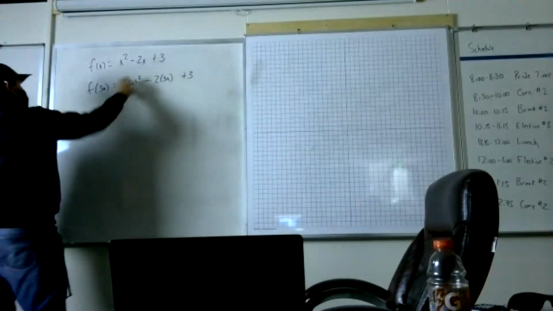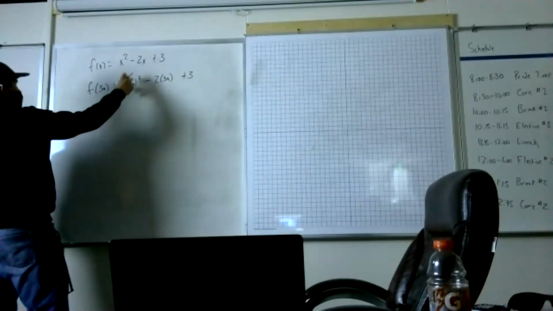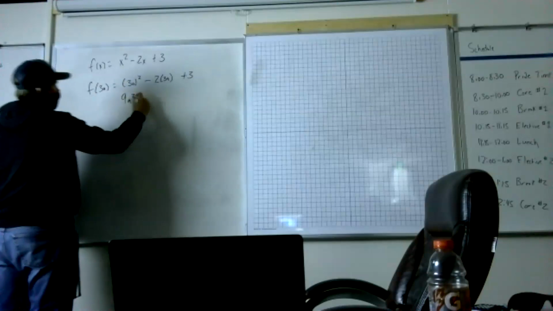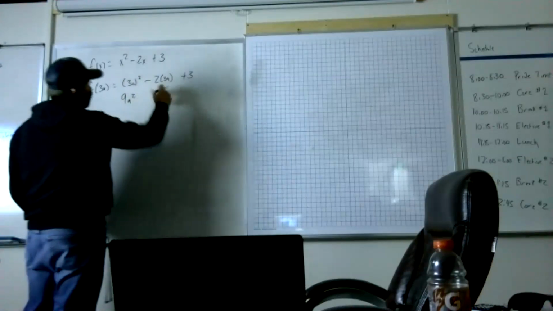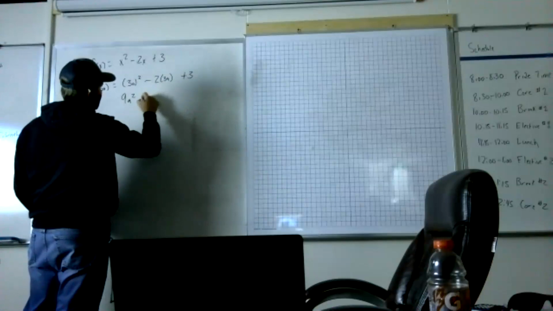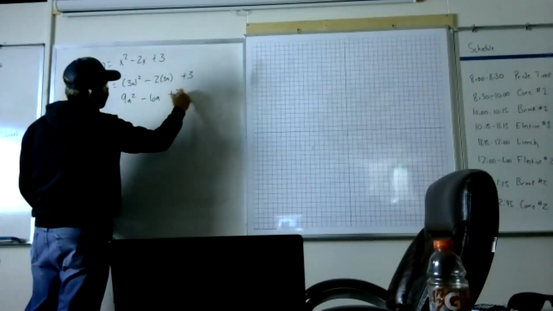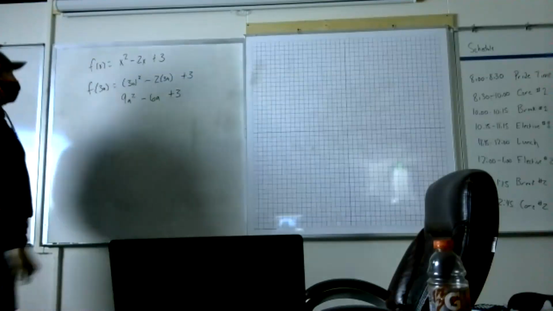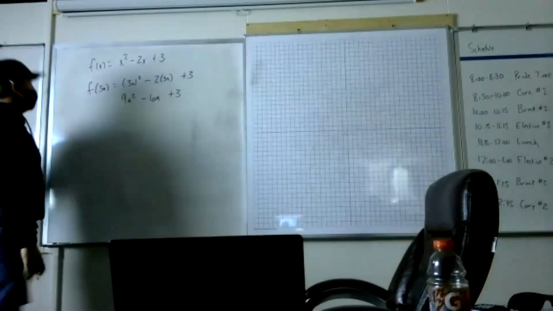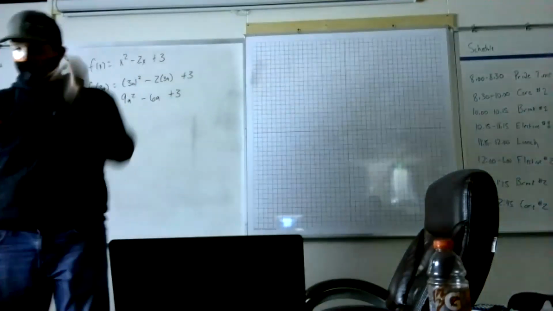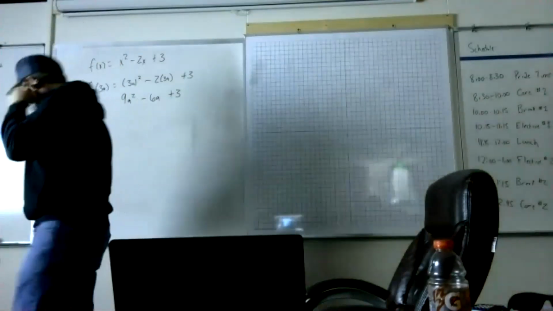Okay, this square has to apply to both terms. So 3 squared is 9, a squared is a squared. 2 times 3a is -6a, and then plus 3, because nothing adjusts the constant. That is our value for f of 3a. 9a squared minus 6a plus 3 corresponds to letter D on the slide.